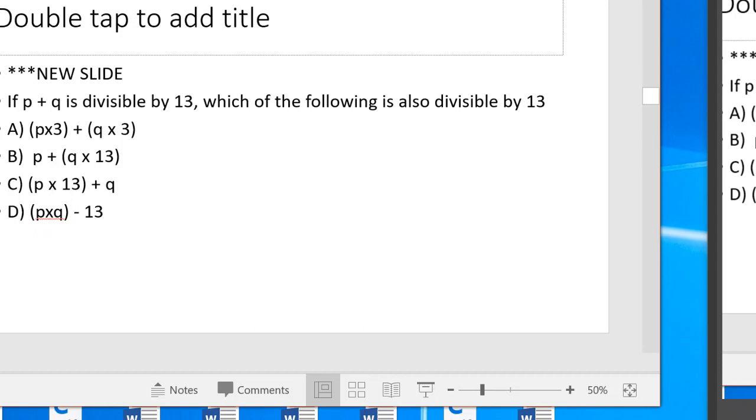All right, everybody good? So if P plus Q is divisible by 13, which of the following is also divisible by 13? So the best strategy here is to go through all of your answer choices. Pretty simple to do that.